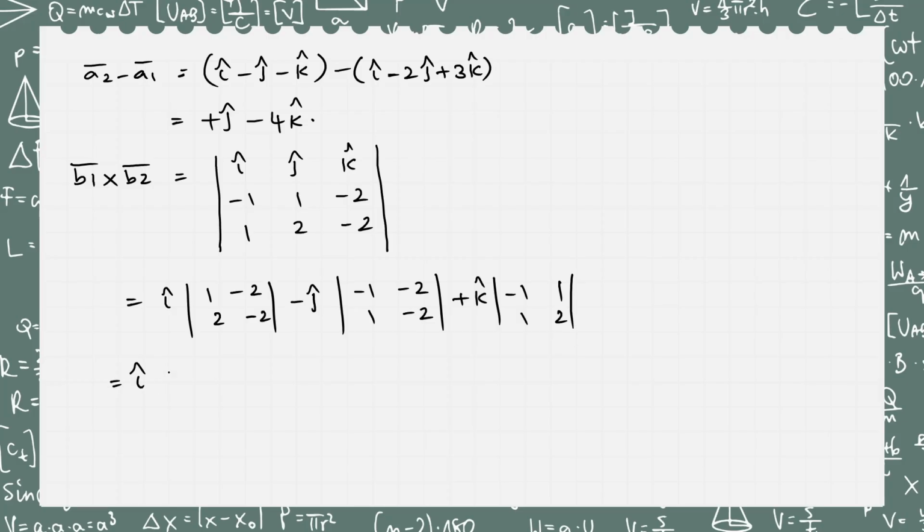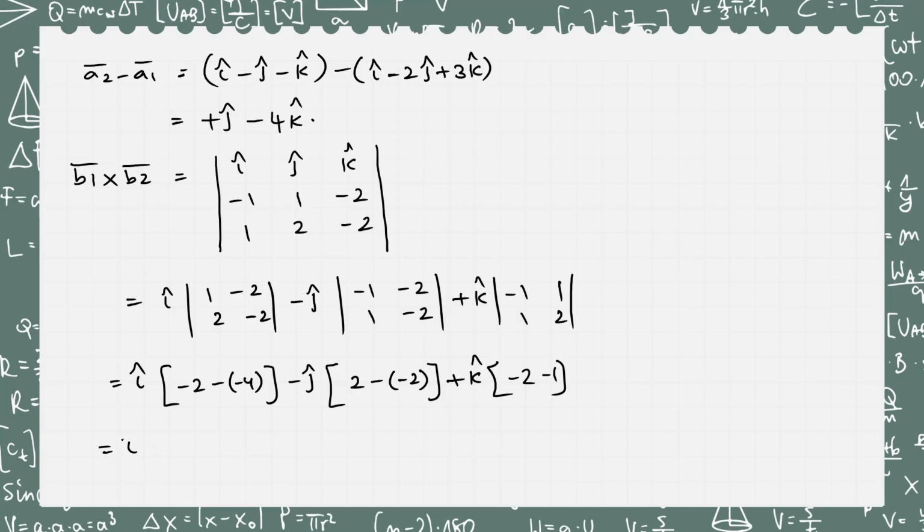The answer for this is i times minus 2 minus of minus 4, minus j into 2 minus of minus 2, plus k into minus 2 minus 1. So this will be i into minus 2 plus 4, which is 2, minus j into 2 plus 2, which is 4, plus k into minus 3, which is 2i minus 4j minus 3k.